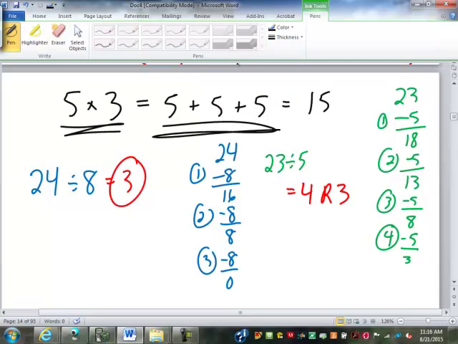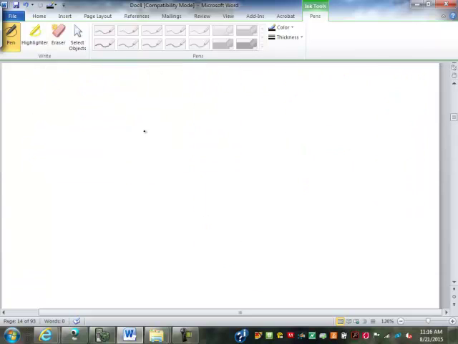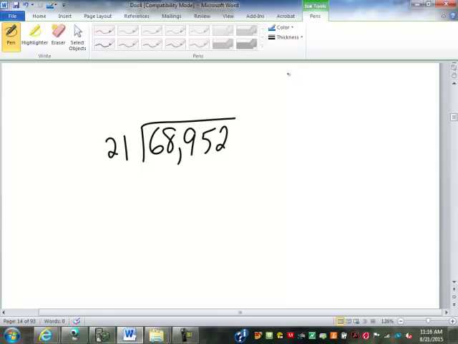So with that in mind, let's look at long division. Let's do something like 68,952 divided by 21. Well, we just said that division is repeated subtraction. I am not about to start subtracting 21 from 68,000. We don't have that kind of time.